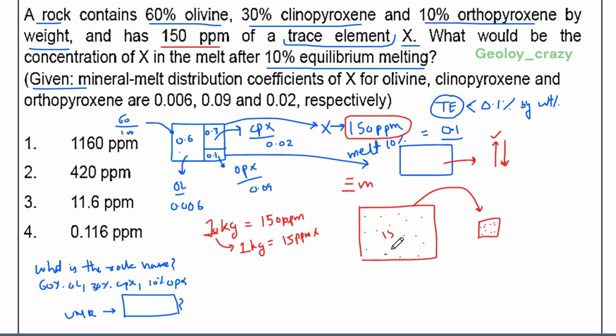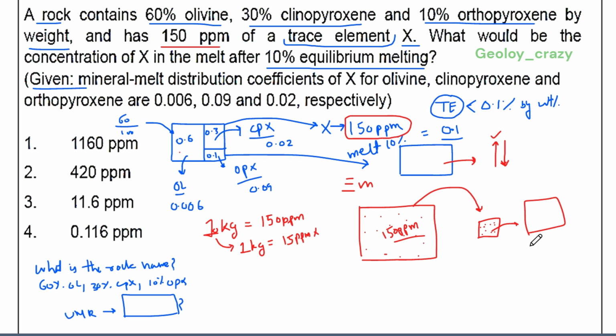Here it is 150 ppm in the whole rock. Now its value is getting increased because volume or weight is less now. How much is it increasing? We will use the formulas for that and calculate it. Hope you understand why it is getting increased.